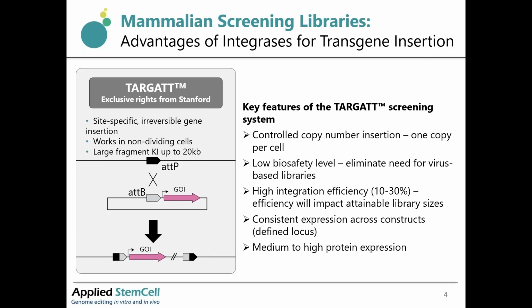The third is that the integrase efficiency is high, up to 10 to 30%, because the efficiency will impact the library size a lot. And due to the defined locus, there's consistent expression across constructs. Finally, the protein expression level is medium to high, which meets the R&D level of protein production.